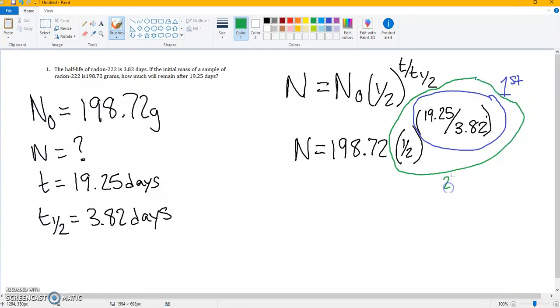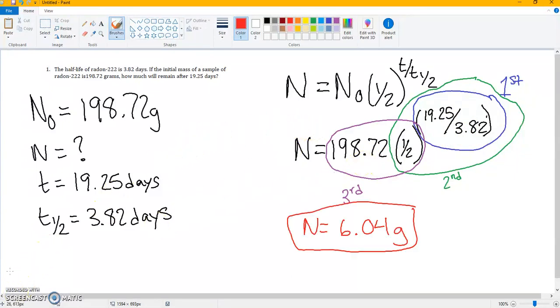And then the third thing you should do is take whatever that answer was and multiply it by 198.72. Order of operations makes a big difference in this one. What do you get when you plug that into your calculator? If you got 6.04 grams, you did it correctly. If not, make sure you're plugging it into your calculator properly.